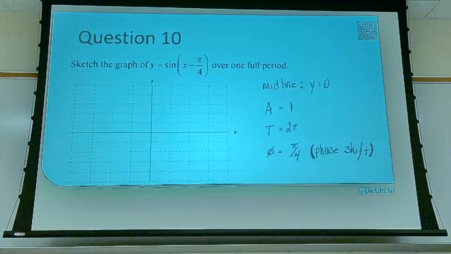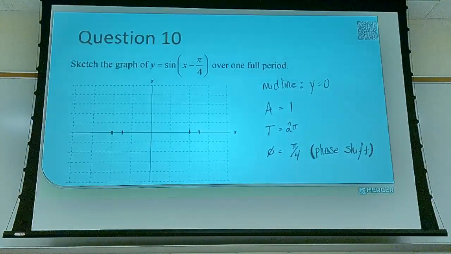We're dealing with sine. Normally we'd go from minus pi to pi, right? Let me actually do those in green. That's typically where we would start. But we have a phase shift now of pi over 4. You just move it over, to the right.